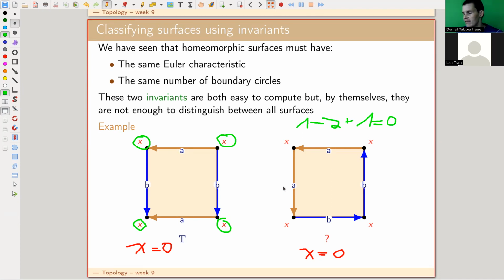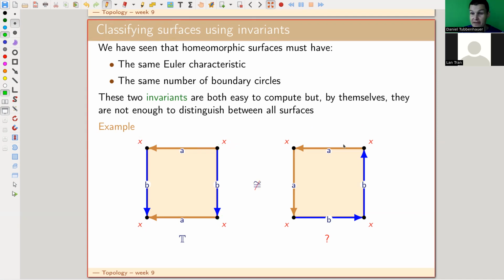So how can we distinguish those surfaces now? And I cheat a bit. I tell you they're not the same, but right now those two pieces of information are not enough to distinguish those two surfaces. So what is missing here is the following ingredient. I give a slightly weird definition, but it turns out that it's a good definition for combinatorial purposes.